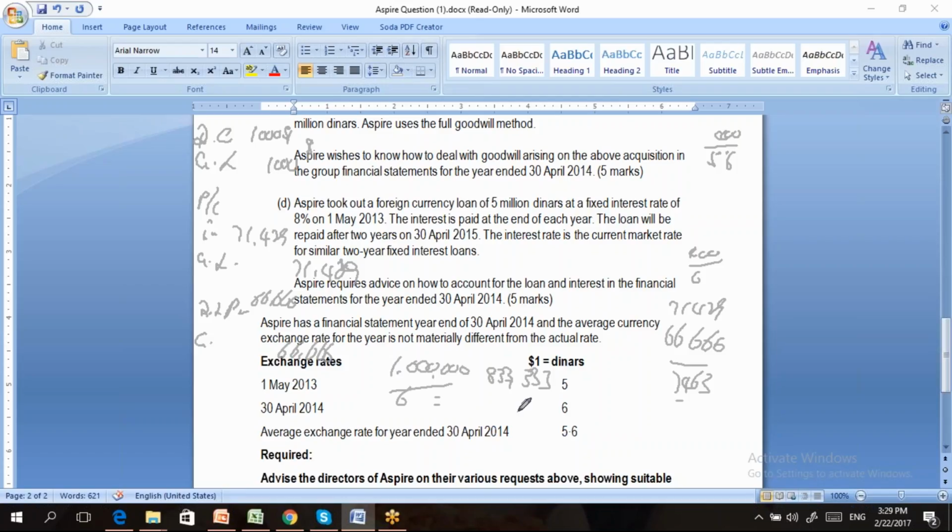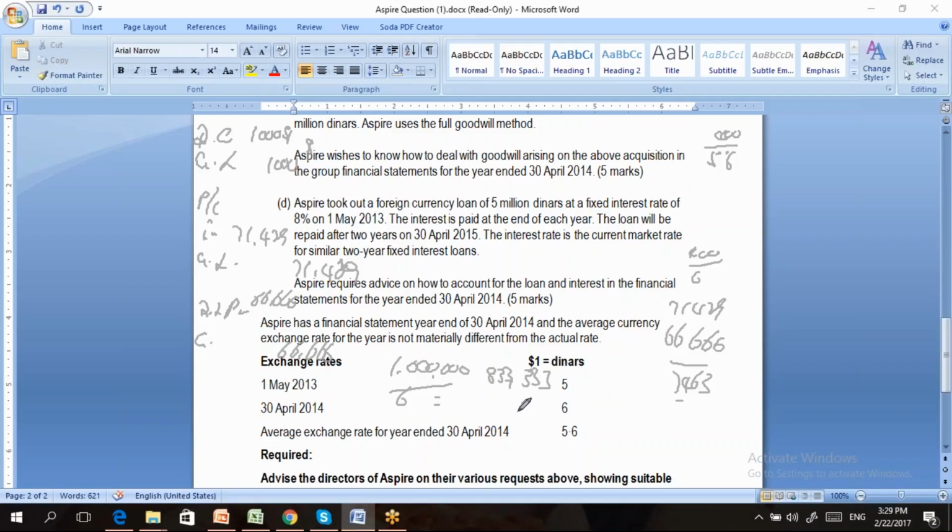Gain or a loss? Original liability was 1 million. Now it is 833,333. Gain or a loss? Liability getting reduced. That's a gain.